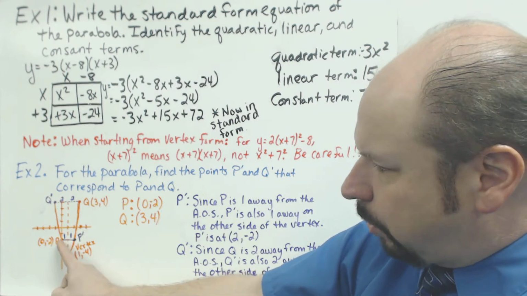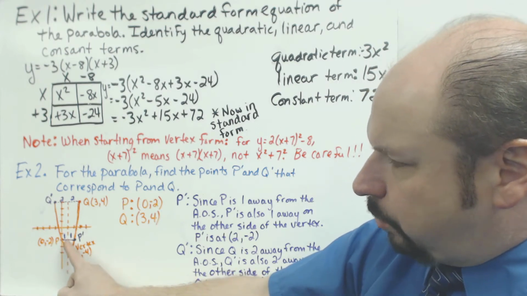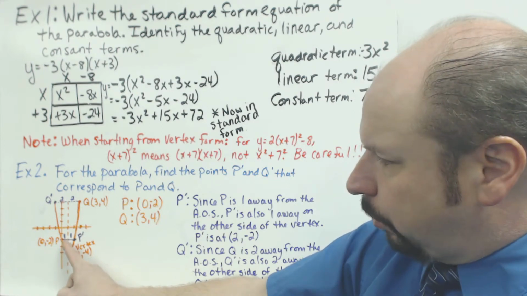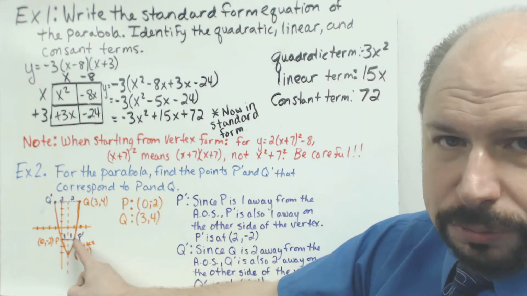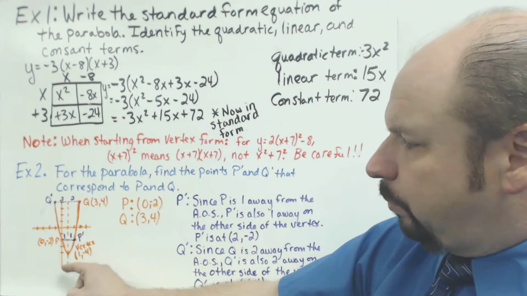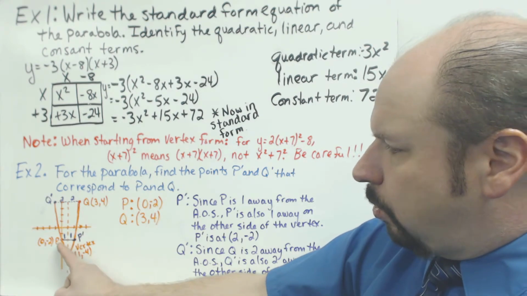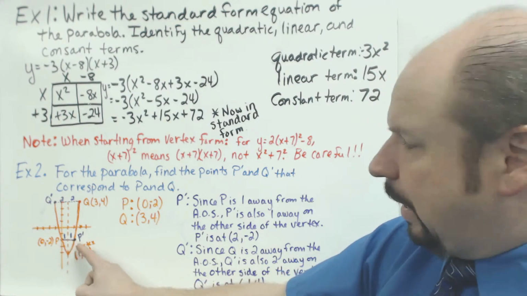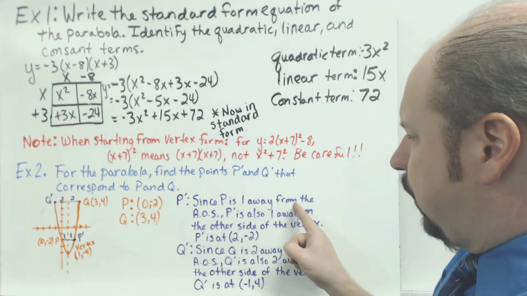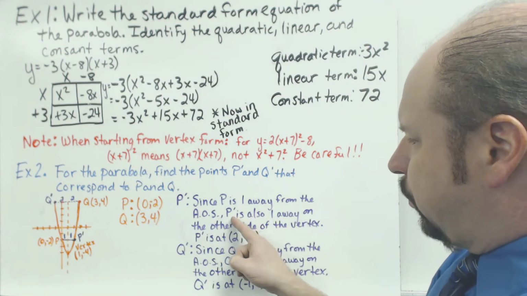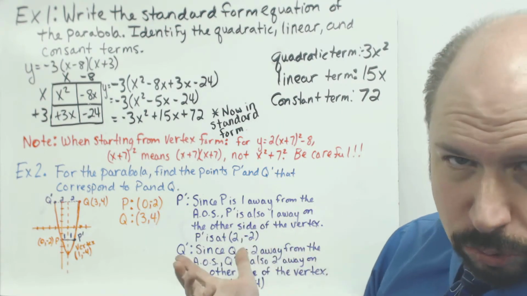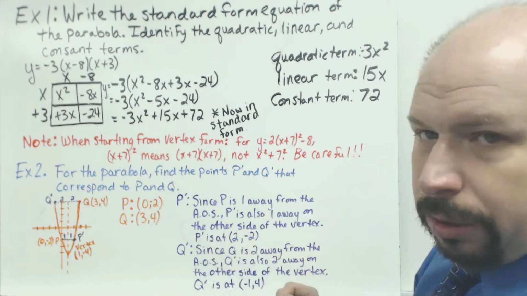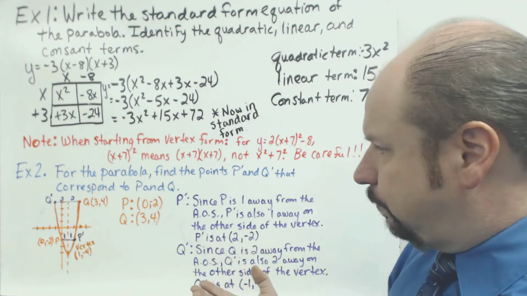So that distance from P to the axis of symmetry in the x direction is 1 unit. So what we're going to do is just go one more unit past that, and that will be where P prime happens. So from 0 to 1 is 1, we go one more, that will be 2 in the x direction. So since P is 1 away from the axis of symmetry, P prime is also 1 away past the vertex. So P prime is at 2, -2.